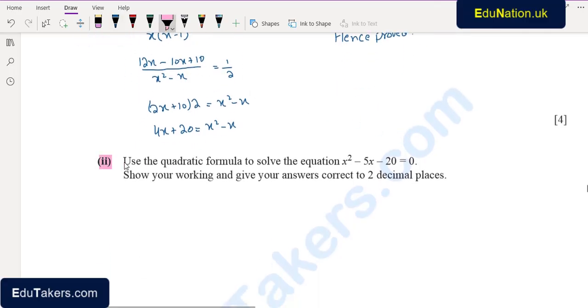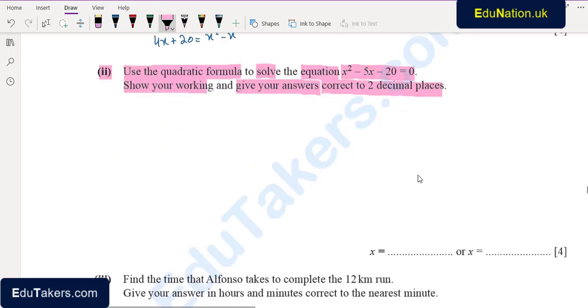Part 2. Use the quadratic formula to solve the equation x square minus 5x minus 20 equals 0. Show your working and give your answers correct to 2 decimal places.